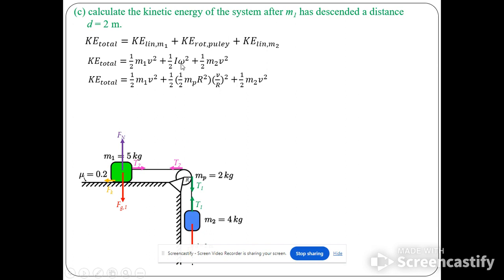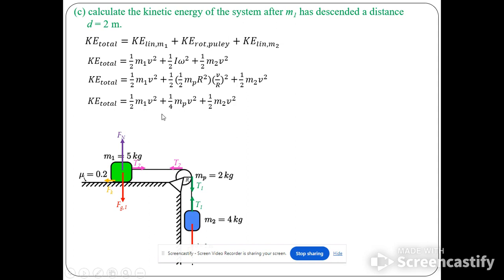So again, omega is just V over R, and the exponent there needs to be distributed to the V and also to the R. So it'll look like this in the next line. But if you distribute the square to the R, it'll be R squared, and the R squared will cancel out. So in this next term here in the middle, you notice the R squared disappear just from cancellation.